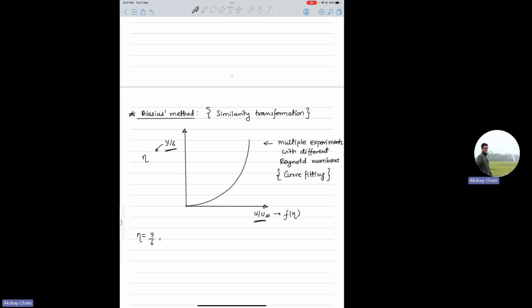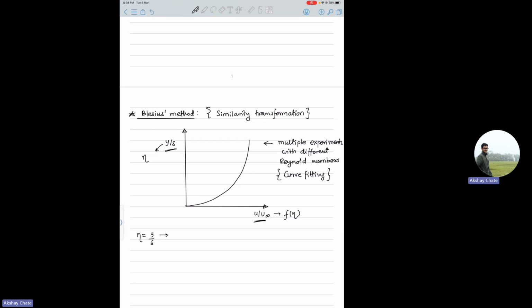If you assume this similarity variable eta for y by delta, you combine two variables, y and delta, into one variable. The choice of such a similarity variable should be such that your boundary conditions are also satisfied.